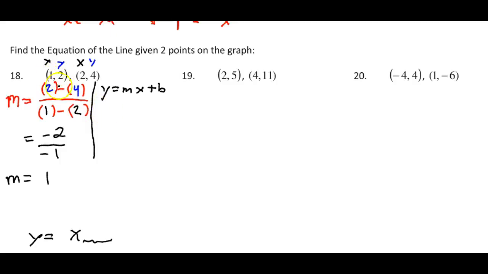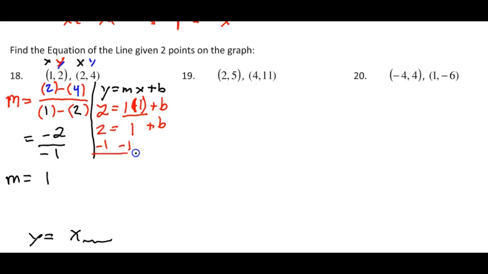So let's use 2 for y. My m equals 1, and my x equals 1. So 1 times 1 is just 1, and you can see this part is just the same as what we've been doing.